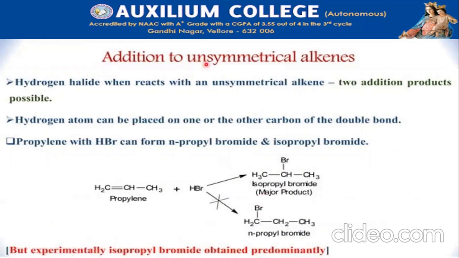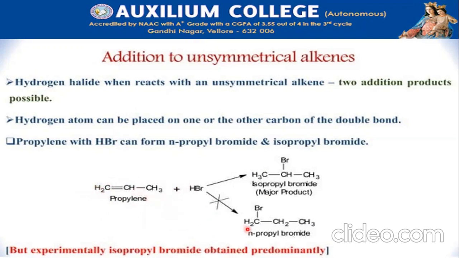Next we are going to see addition to unsymmetrical alkenes. Here the same reagent, hydrogen bromide, is added to an unsymmetrical alkene. Ethylene, which we saw above, is a symmetrical alkene. Now we are adding hydrogen bromide to propylene, an unsymmetrical alkene.